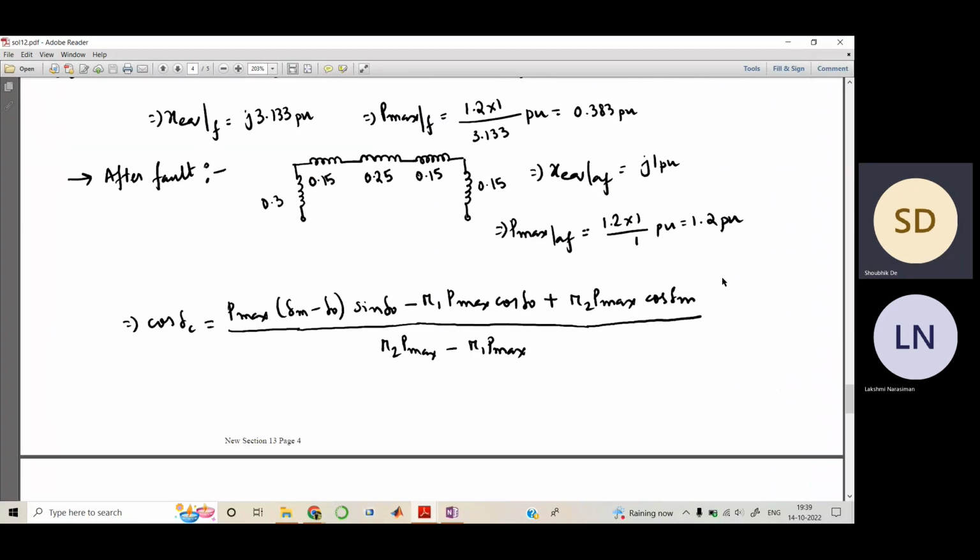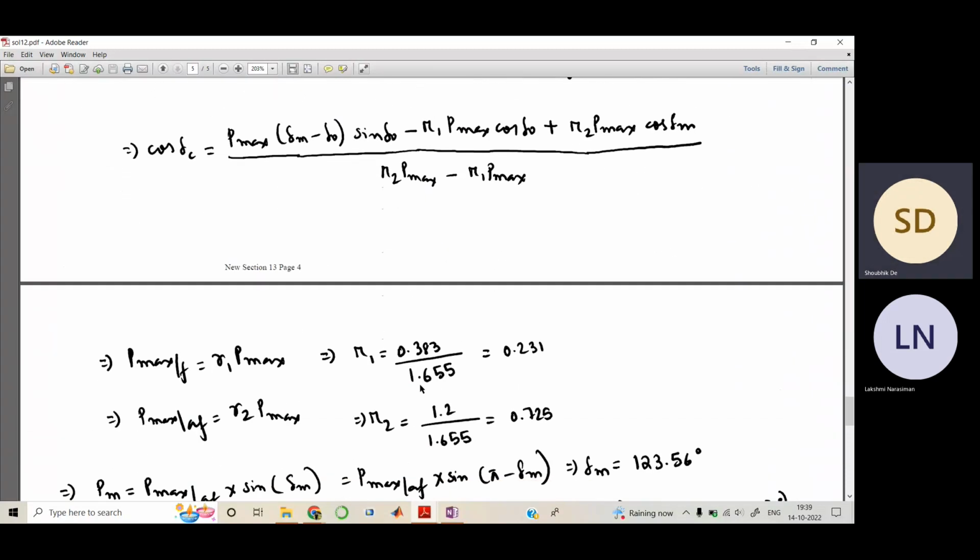Now again that same formula. As we saw in question number 11, it was clearly mentioned that power during fault reduces to 0, but for this case it is not. We do have a power flow during the fault, hence this term R1 won't be 0 here, and we have to calculate each of these terms.